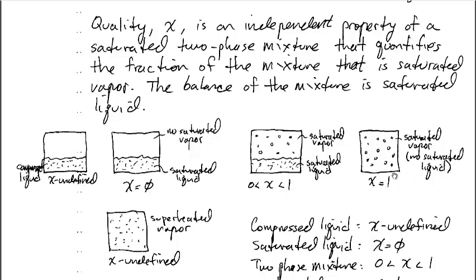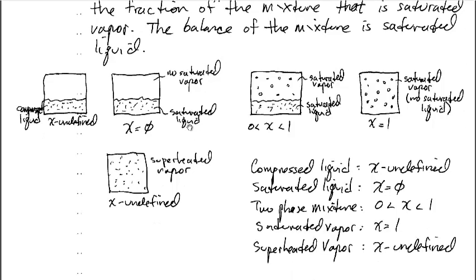And if we are saturated and the substance is all saturated vapor, there's no saturated liquid, this corresponds to when quality is exactly equal to 1. And if the substance is a superheated vapor, it's not saturated, then quality is undefined. Again, remember, quality is only defined when the substance is saturated.